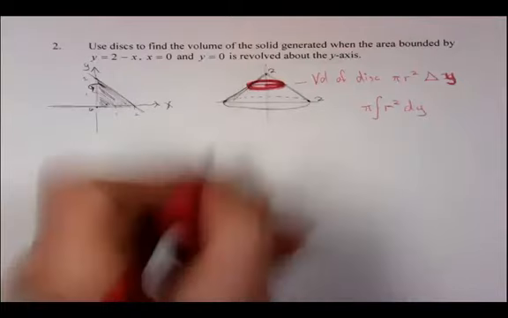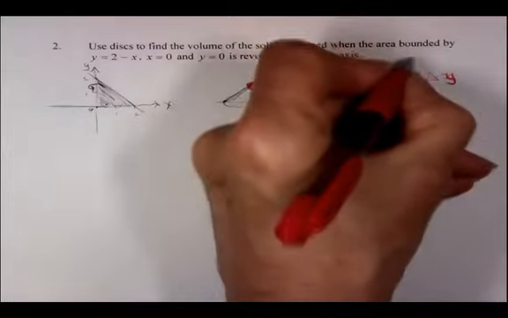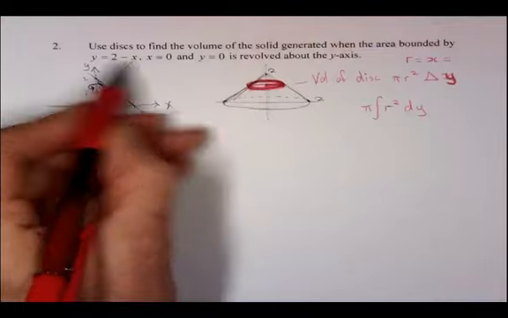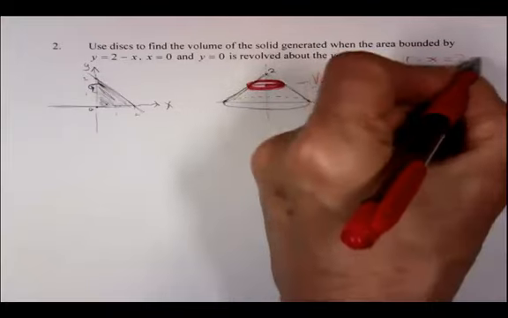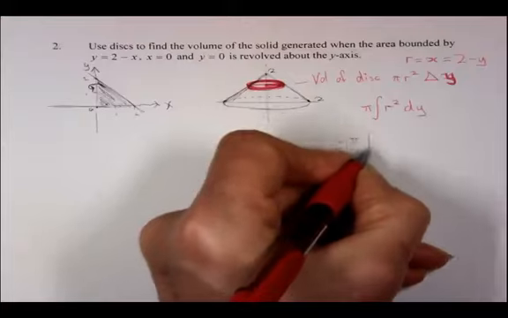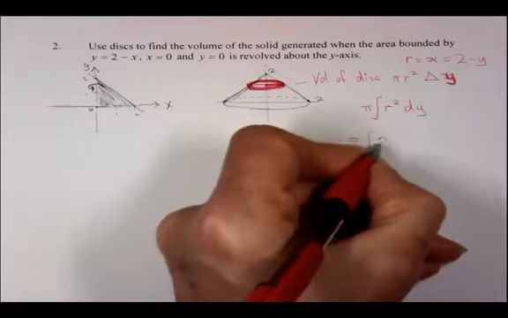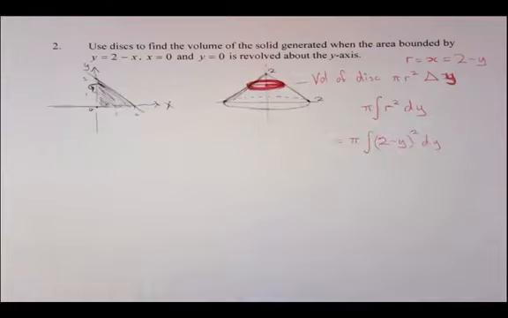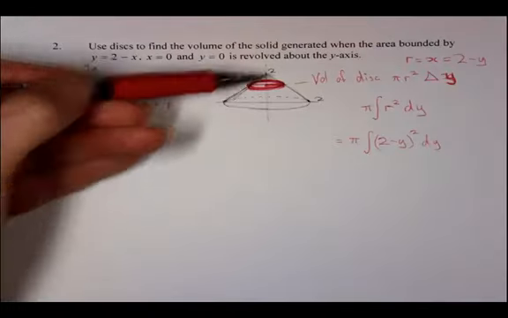Where will I write that? I'll put it up here. The radius is the x value, which is x equals 2 minus y. Yes, x equals 2 minus y. So this is pi integral 2 minus y squared dy. And I'm going from y equals 0 up to y equals 2.